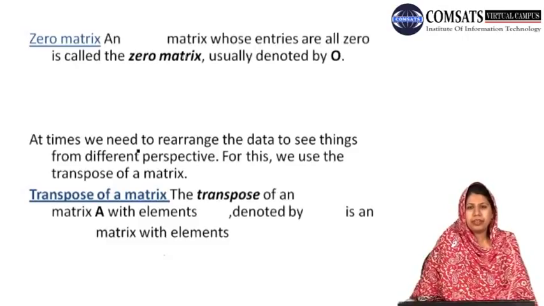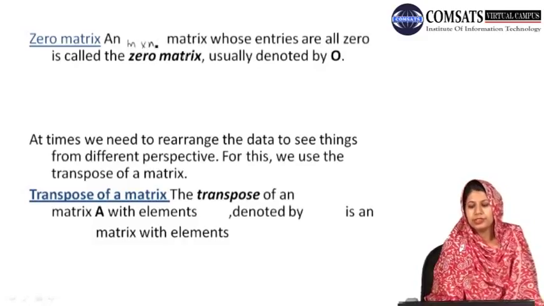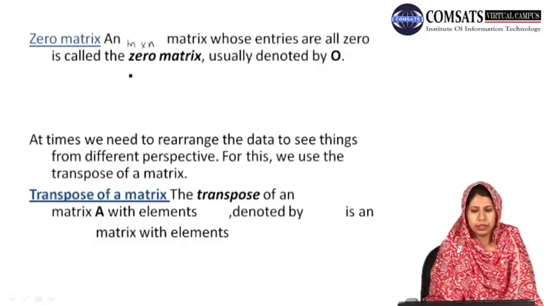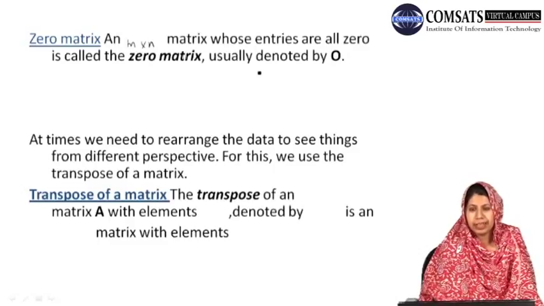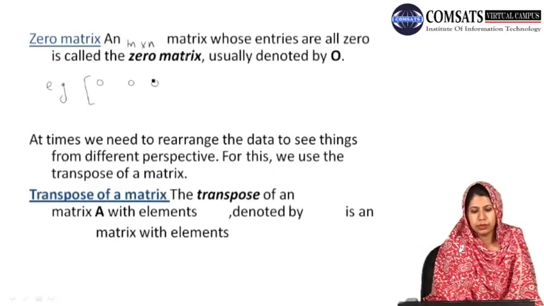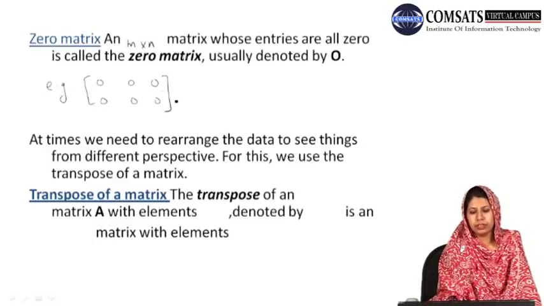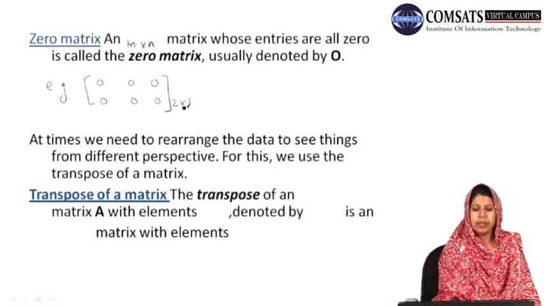Now one more type of matrix is a zero matrix. An m by n matrix whose entries are all 0 is called a zero matrix, and it is usually denoted by capital O. For example, if we have our matrix as 0 0 0, 0 0 0 with entries all 0, then this is a matrix of order 2 by 3, that is, it has 2 rows and 3 columns, and the definition says that a zero matrix is a matrix having all entries 0.